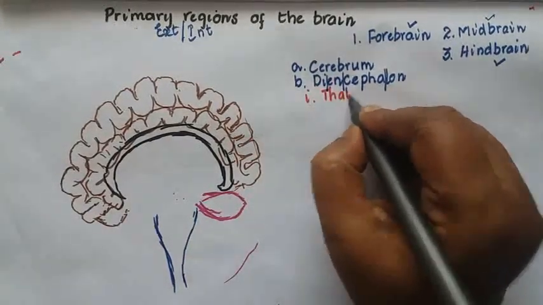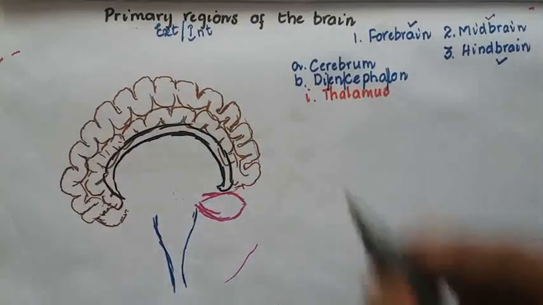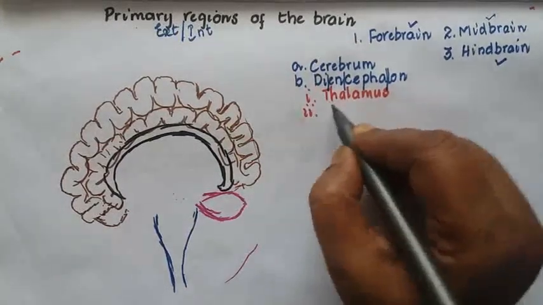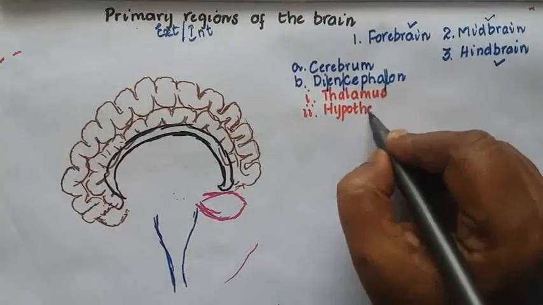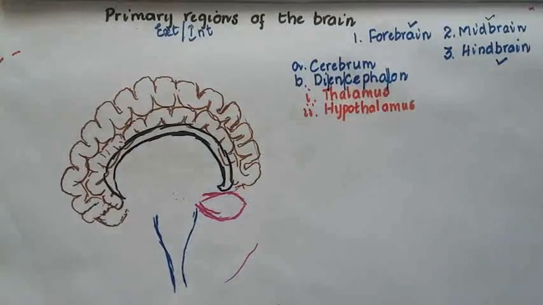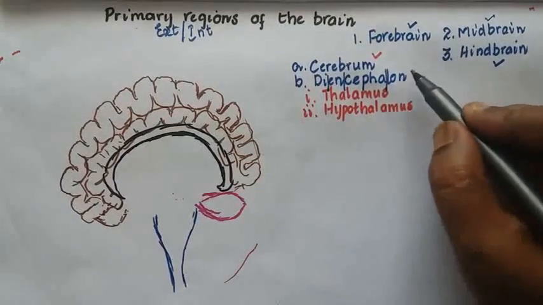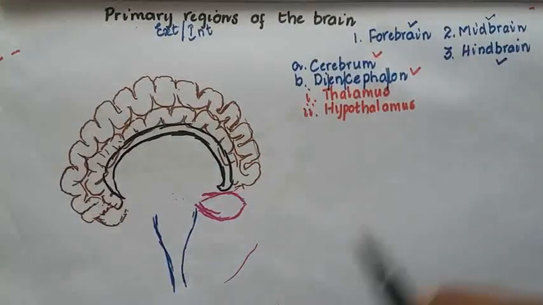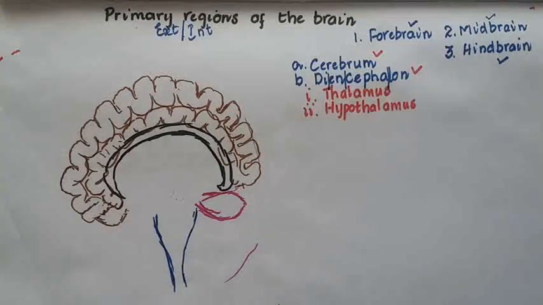The first part of the diencephalon is known as the thalamus, and the second part is known as the hypothalamus. So the forebrain comprises two regions, the cerebrum followed by the diencephalon, and the diencephalon is further made up of thalamus followed by hypothalamus.